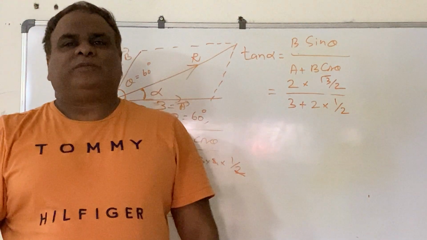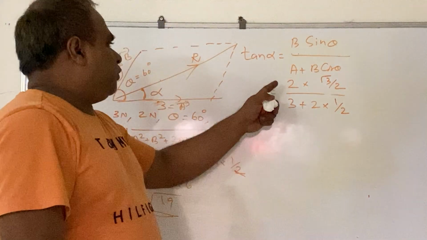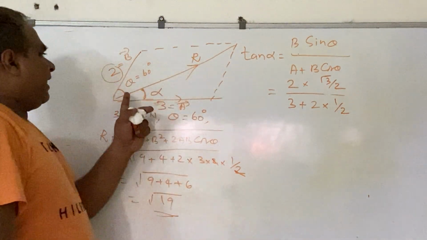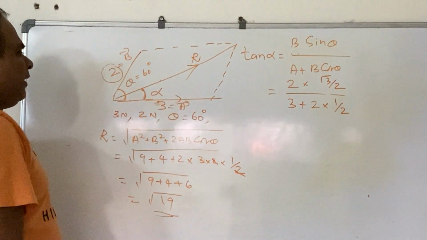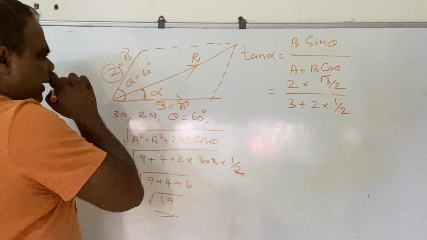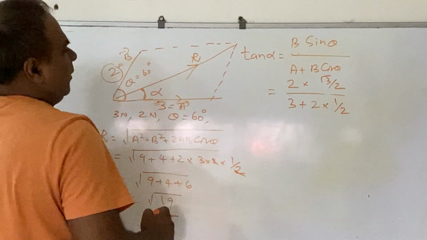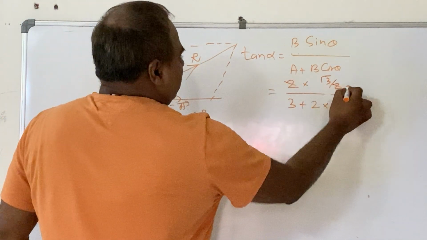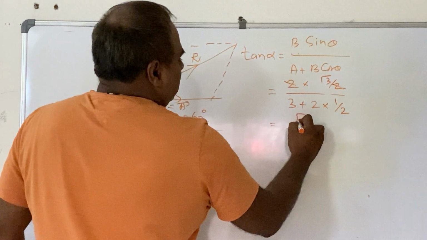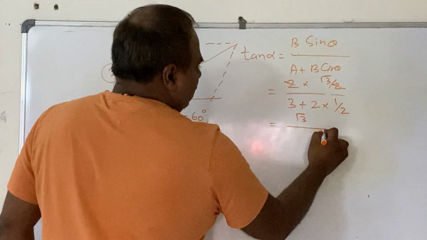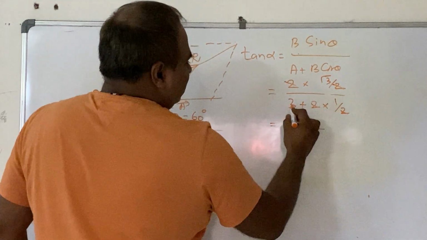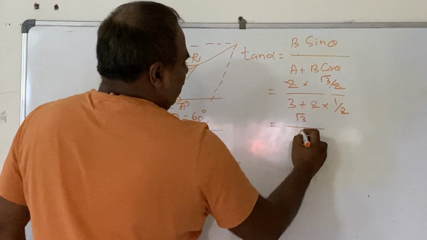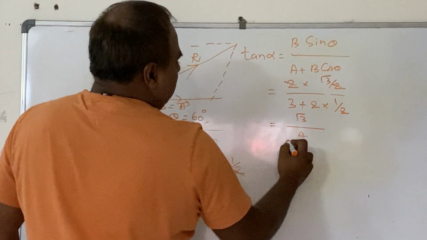Are you clear? Is it fine? So these 2 cancel, then you will get root 3 divided by 3 plus 1, 4, that is root 3 by 4.